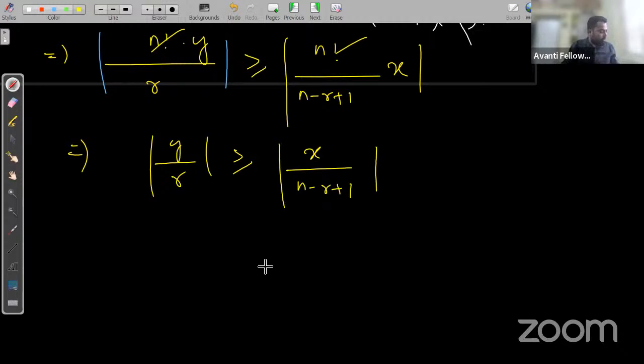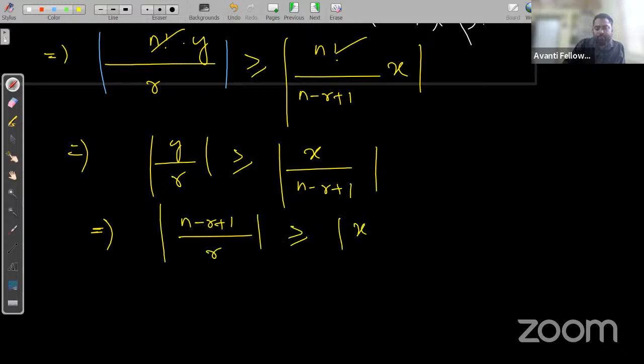Now, if we cross multiply here, what will we get? You will get n minus r plus 1 upon r is greater than or equal to mod of x upon y. Yes or no?